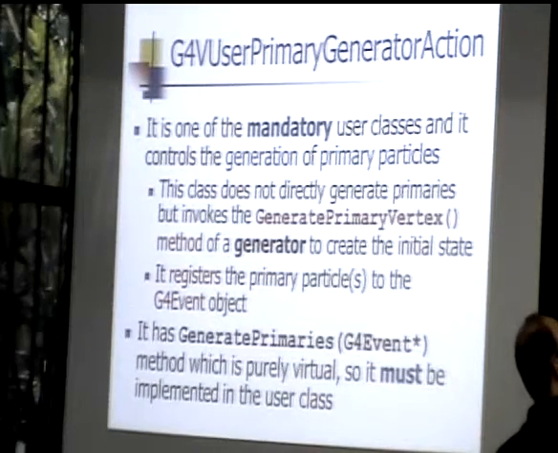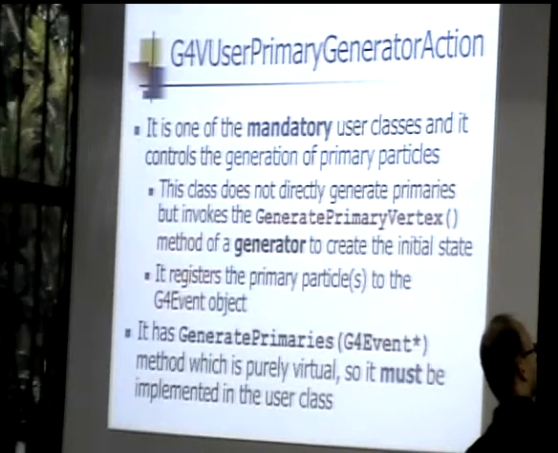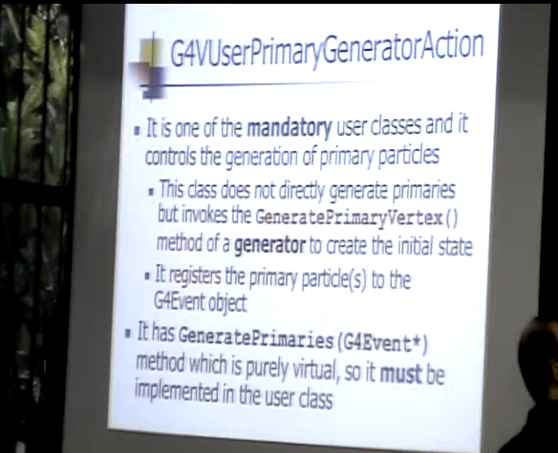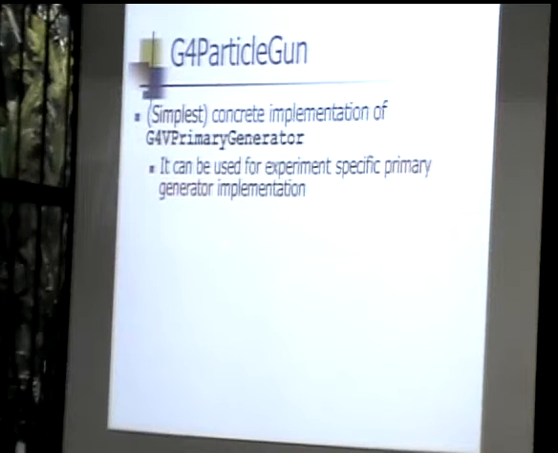One is G4ParticleGun, and the other is G4GeneralParticleSource. So in order to shoot particles, you use one of these in your class. And I'm going to be a bit more concrete in a while.